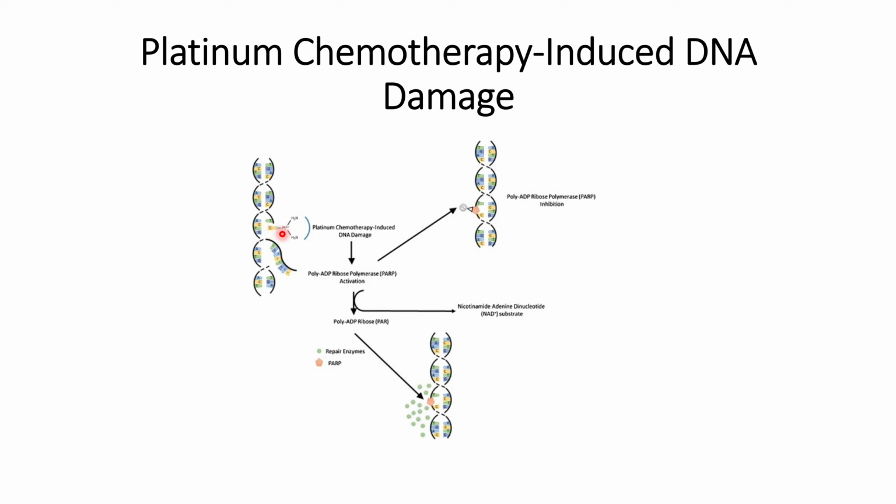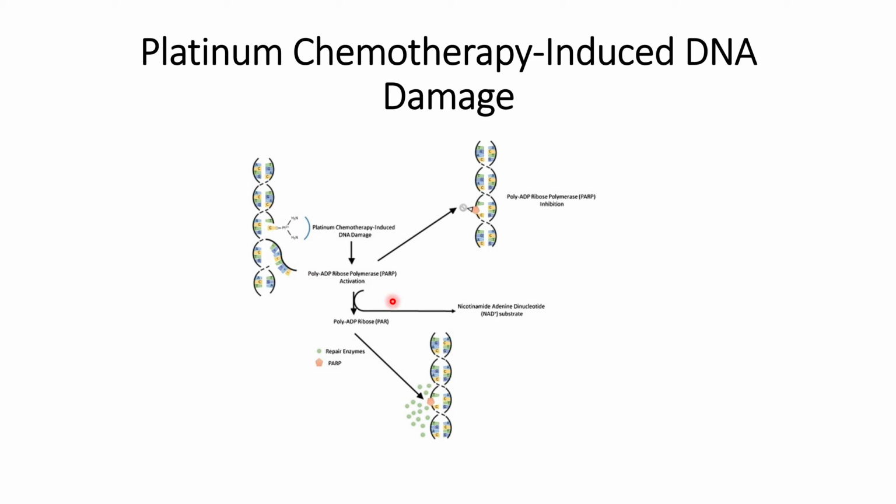In order to do this, platinum based chemotherapy is used. It will bind to this abnormal DNA, or we can say the DNA damage, and then it will recruit this NAD, that is nicotinamide adenine dinucleotide substrate, and form a long chain of poly-ADP ribose.